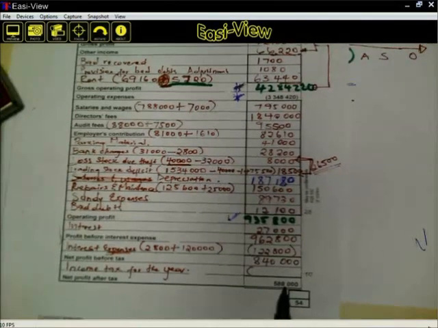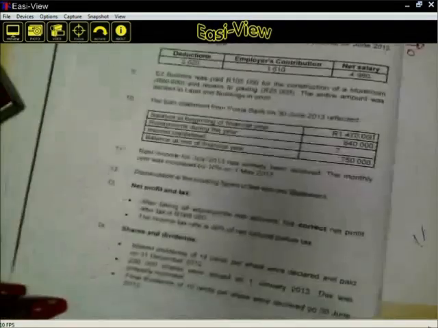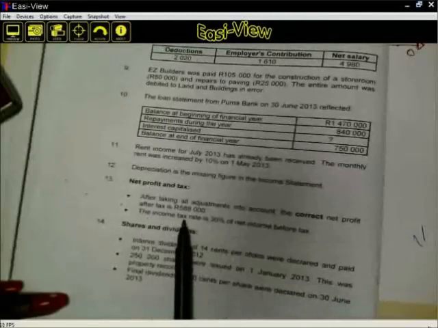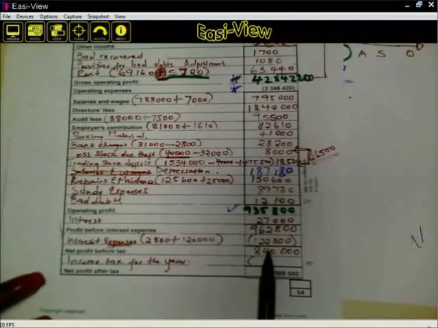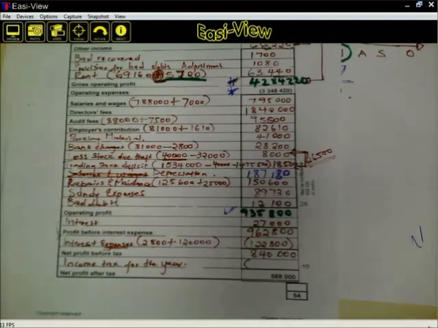It's provided for us here. And they said the income tax rate is 30% of the net income before tax. So here is our net income before tax, 840,000. We must multiply by 30%. Then we will get our income tax for the year.